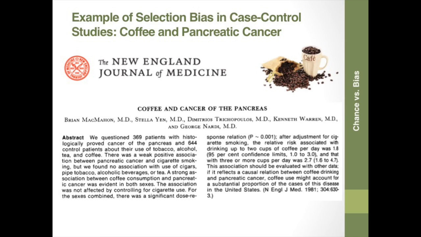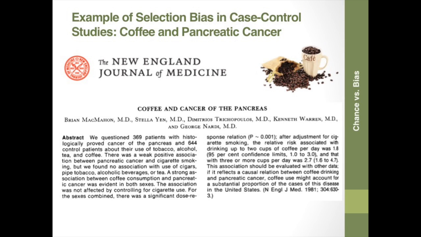This is a very famous case-control study with a huge selection bias that assessed the association between coffee drinking and pancreatic cancer. The study concluded that coffee accounted for a substantial proportion of pancreatic cancer cases in the United States. However, subsequent studies failed to confirm this association.